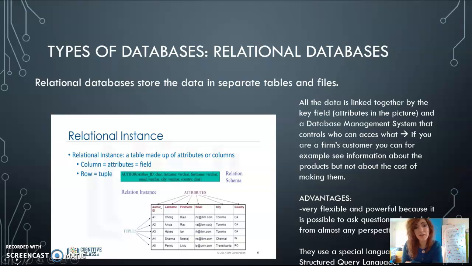And the database management system controls who can access what, okay? When we search for something, there is this DBMS that controls what kind of information I am allowed to see, okay?